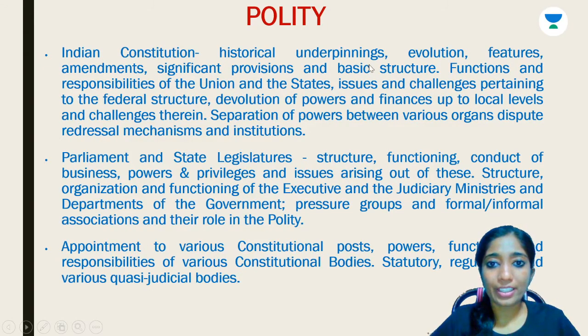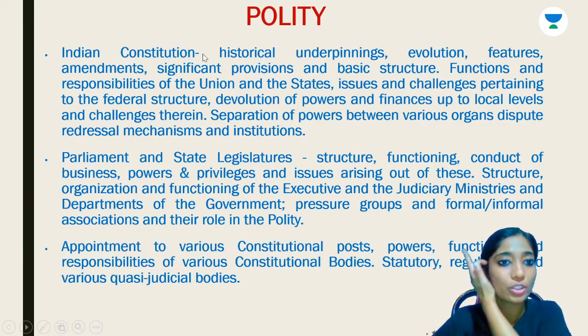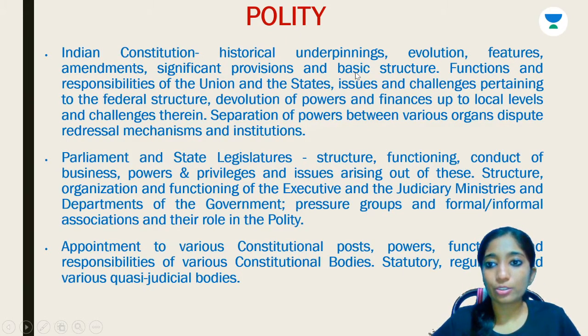Under polity, first you have the constitution, the basic structure, functions and responsibilities of union and states, then parliament and state legislature, their functions, powers, privileges, judiciary, pressure groups, constitutional posts, their powers and functions, then statutory, regulatory, and various quasi-judicial bodies.